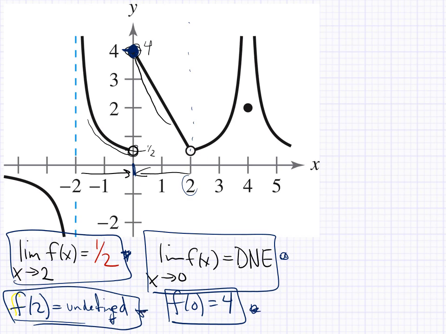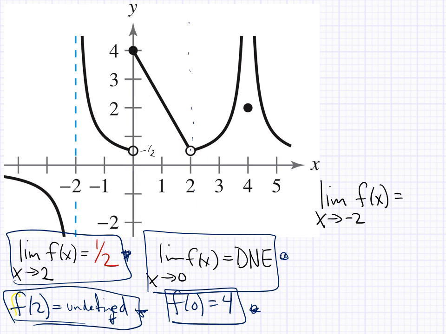All right, let's try one or two more. Let's see, how about the limit as x approaches -2 for this function? So let's erase some of this. So here's -2. I've got to approach from both directions. As x approaches -2 from the left side, from smaller than -2, the function's doing this.